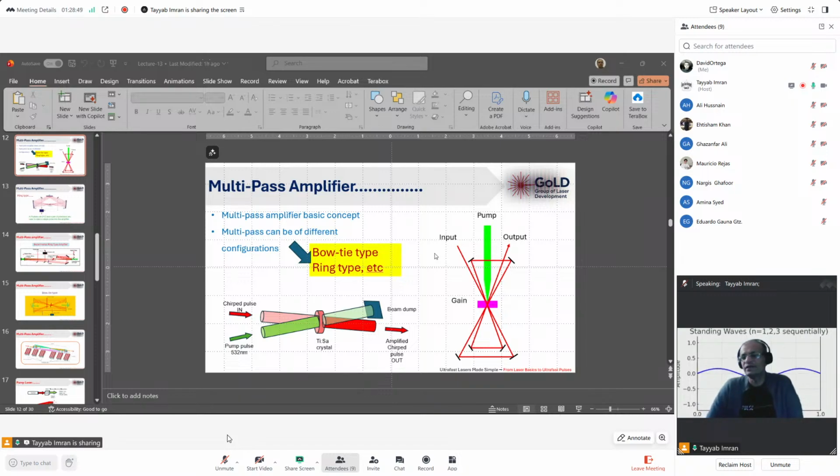There are many things which I may add, but I don't think it's suitable because the candidates here don't have a very strong laser background. So that is why I simplify. Still, I think it's pretty good. Some of the topics are tough to understand, especially when you move to the ultrafast lasers.